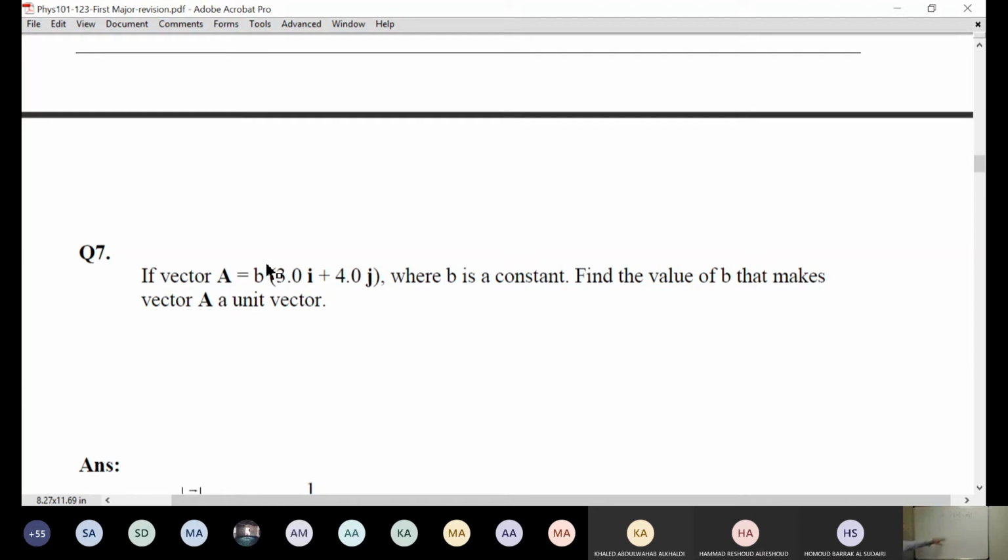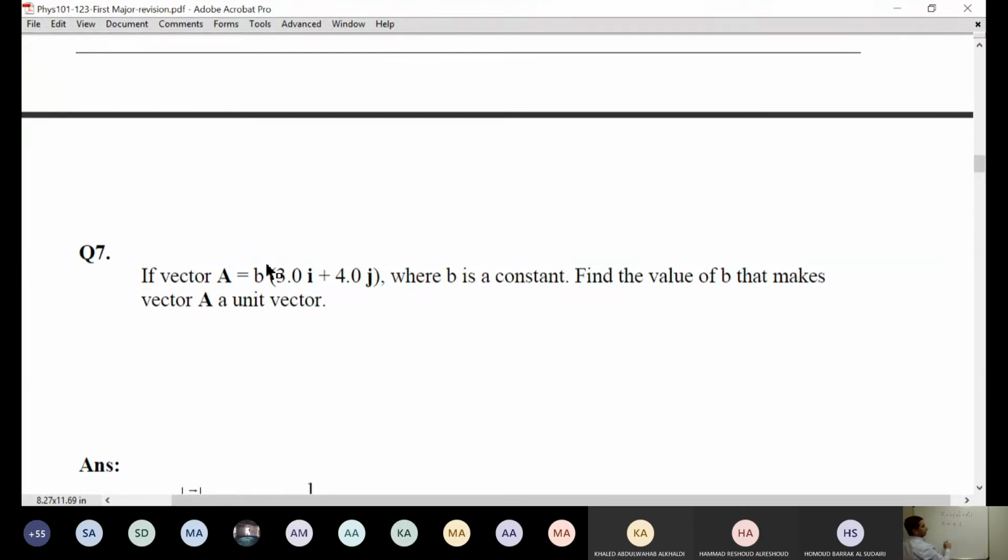Okay, so when you want to determine how much the B is going to be in order to make vector A a unit vector, we know that whenever we are talking about the vector A, it consists of two things: the magnitude and the unit vector of A. Magnitude times unit vector of A, this is how we write the product.